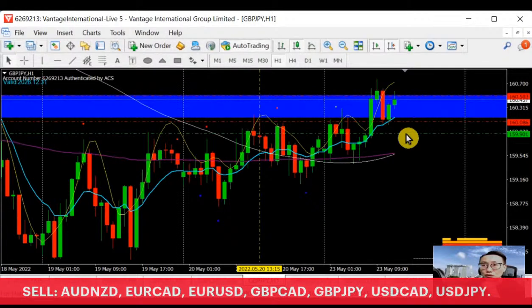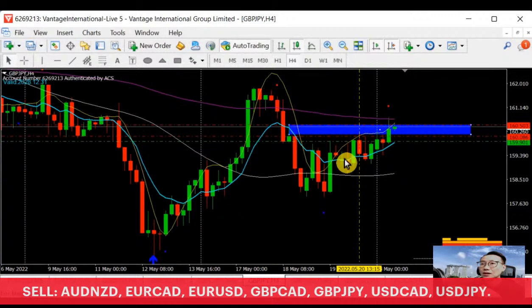If this started to sell off today, that means the retracement from here ended here. When it ended here, you have a very good chance to sell until this level, 159,900.